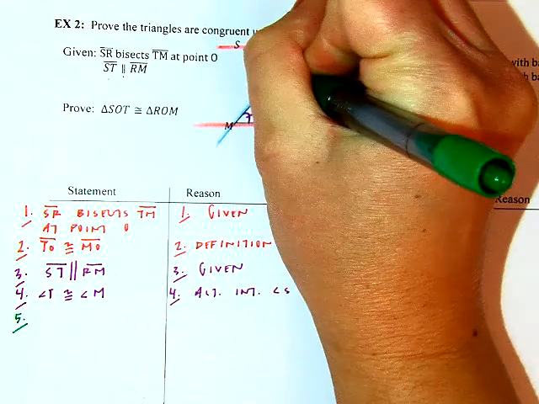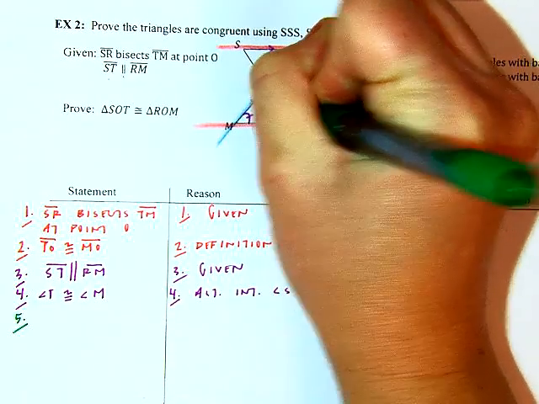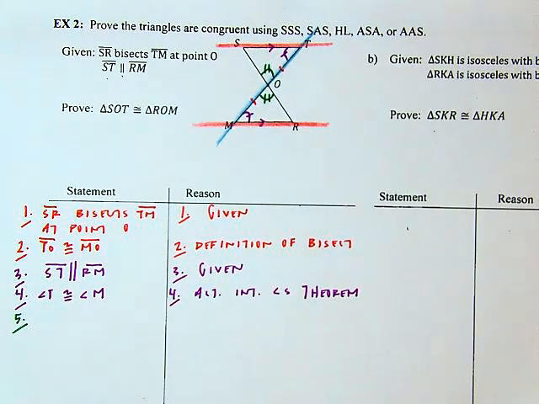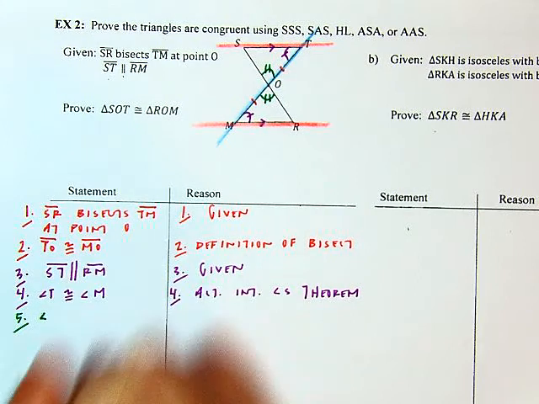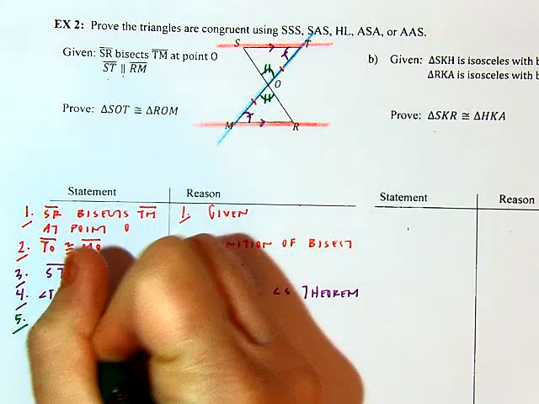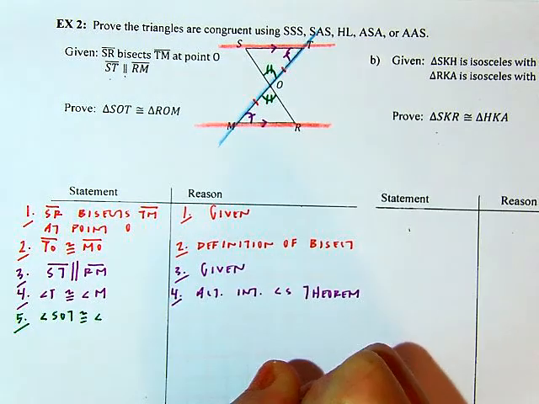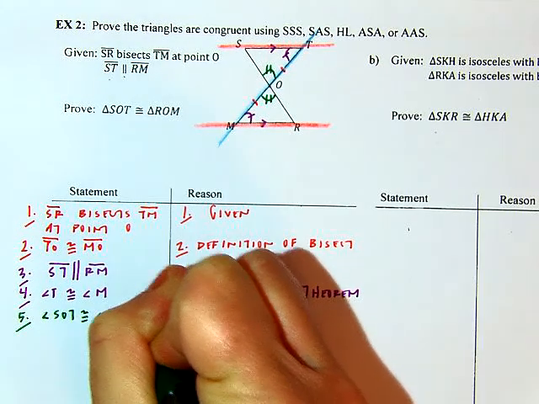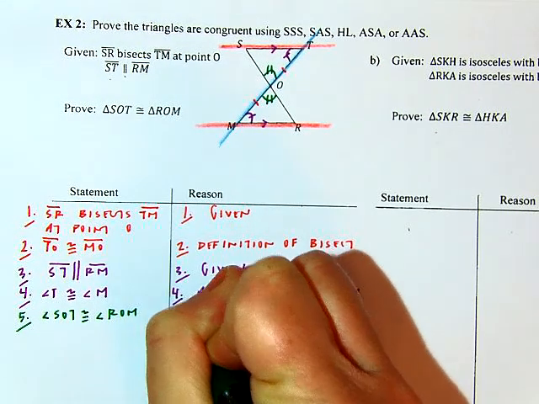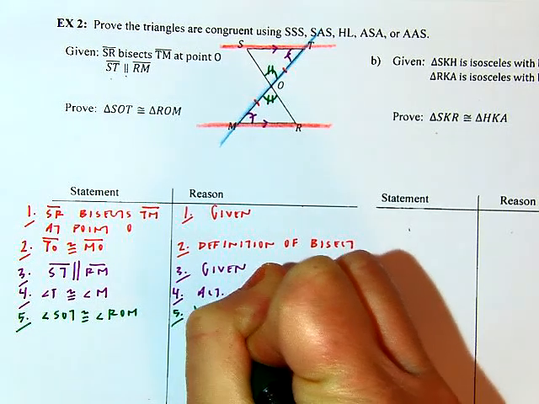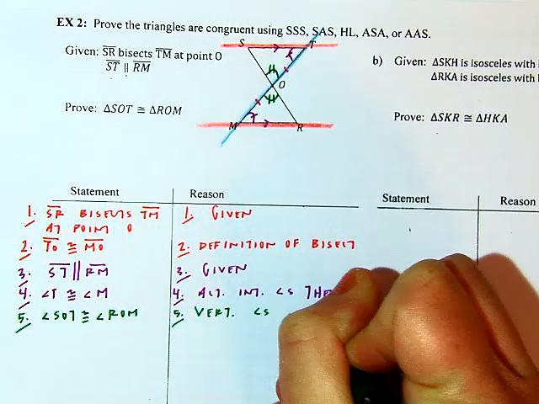So if I link up here to here, then I've linked up my vertical angle pair. So I can say that angle SOT is congruent to ROM. And this would be the vertical angles theorem.